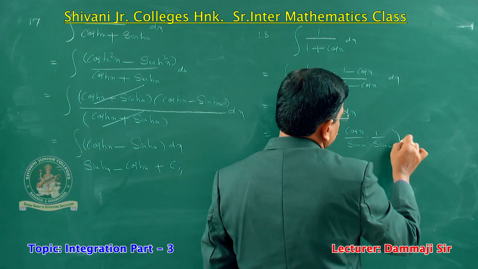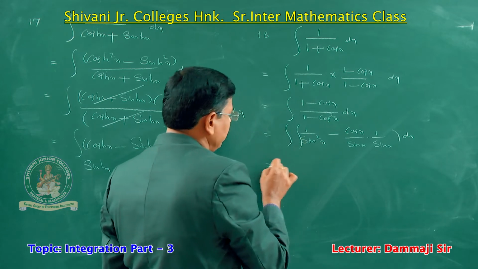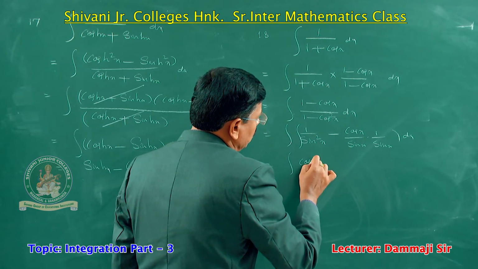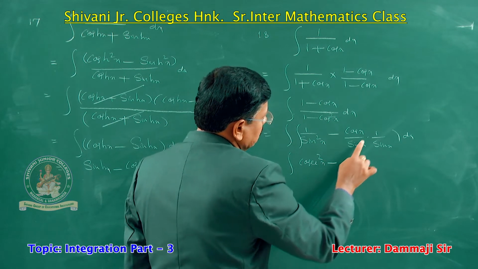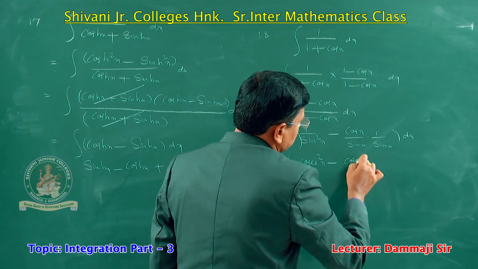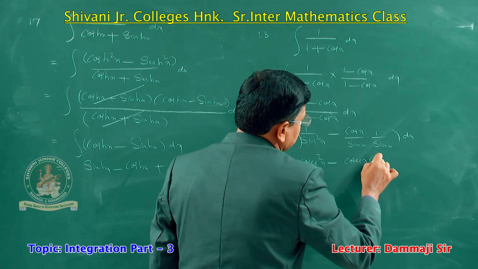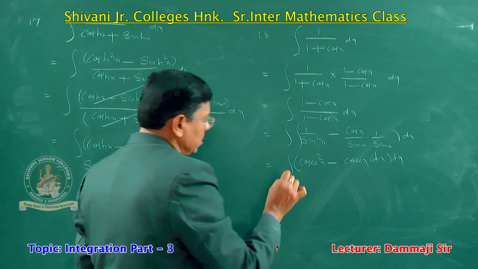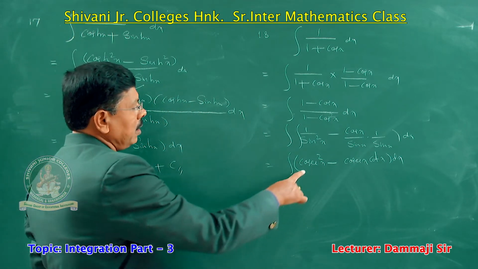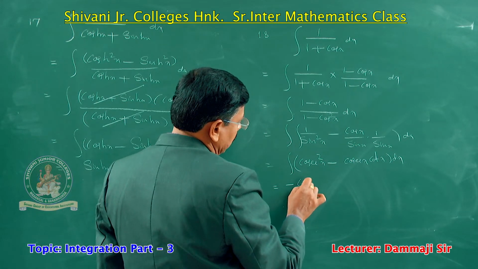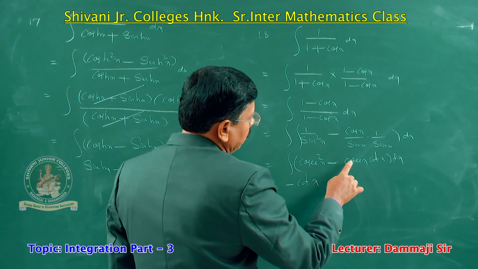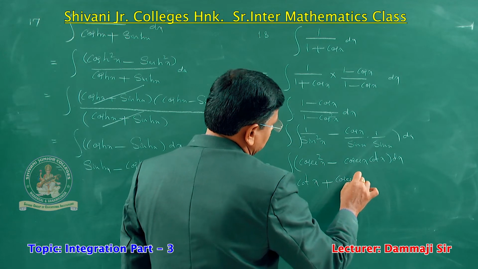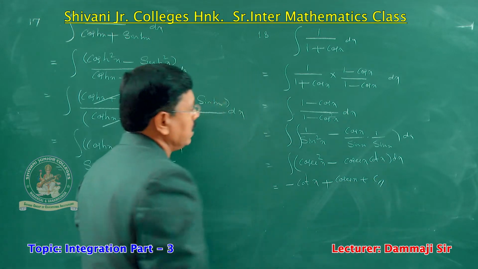Integral of 1 by sin square is cosecant square, minus 1 by sin is cosecant x, cos by sin is cot x. Already we have the standard integrations. Integral of cosecant square x is minus cot. Integral of minus cosecant cot is minus of minus, plus cosecant, plus c is the result.